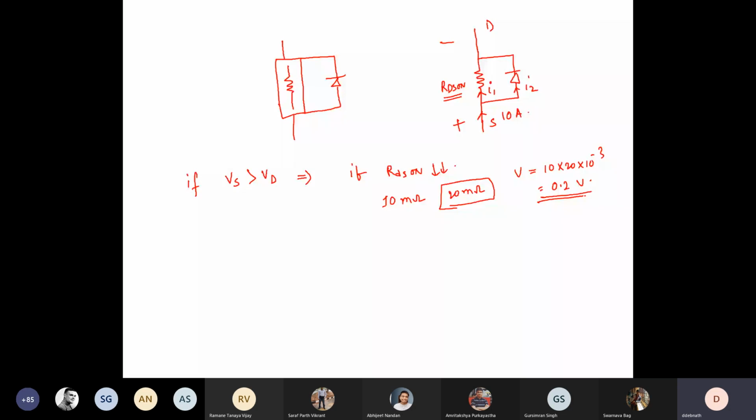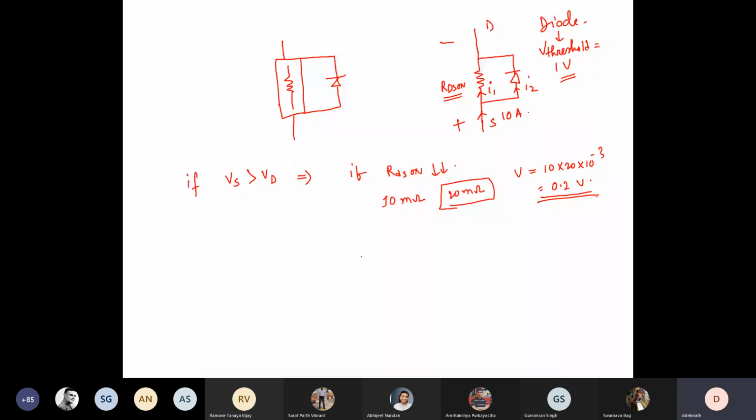Yeah, it's 0.2 volt. So this 0.2 volt won't be sufficient to turn on your diode, right? It may need around, say, 1 volt threshold for the diode. Or else, if you assume the diode will conduct, then across the diode I must have 1 volt. And what does it signify?